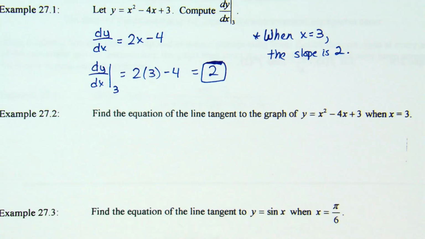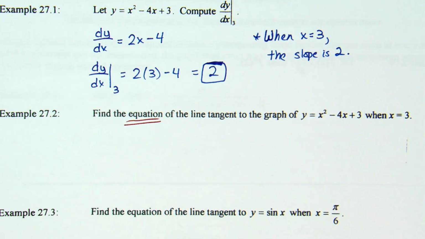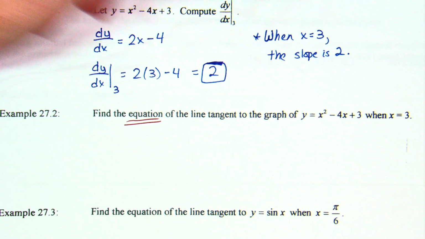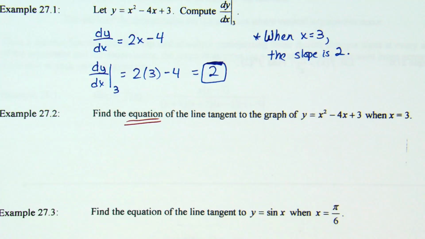So, equation. Same thing as the first thing we did. We already know the slope, yes? What else are we going to have to know to write an equation?